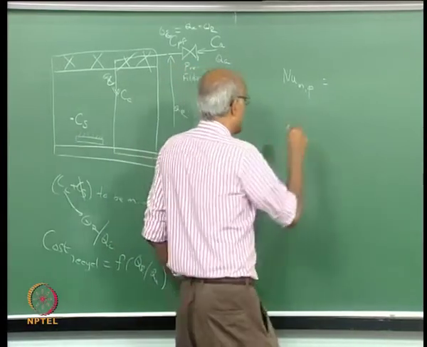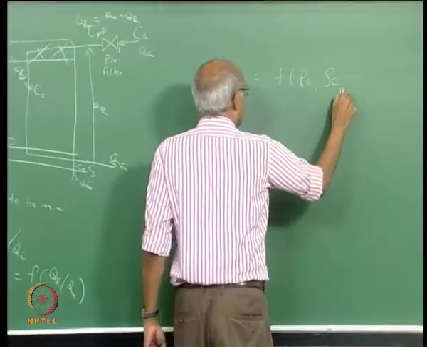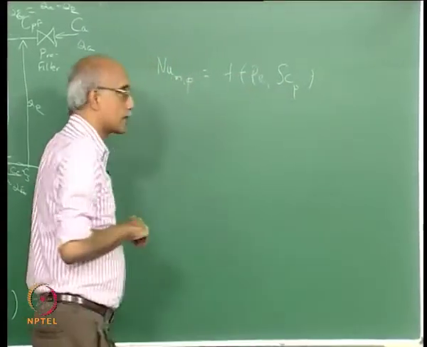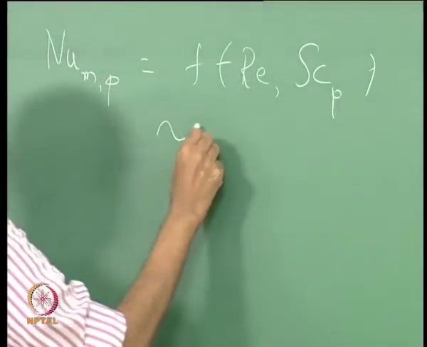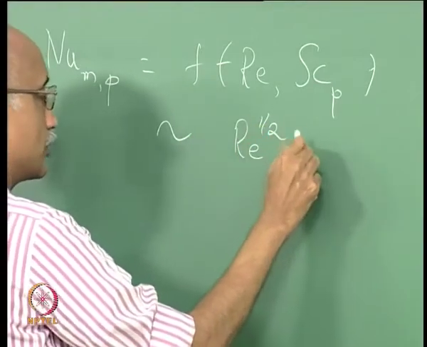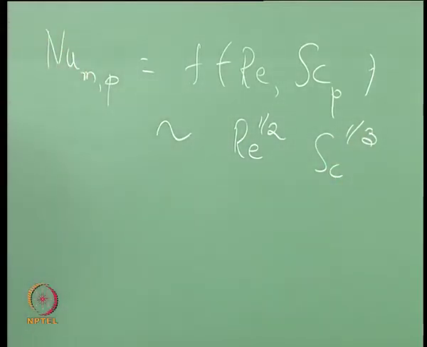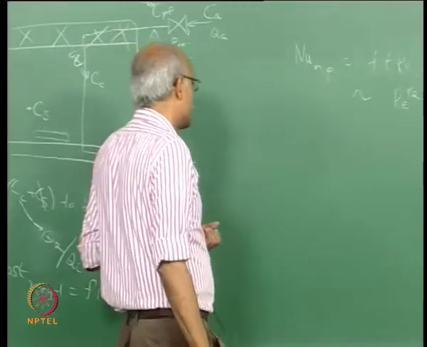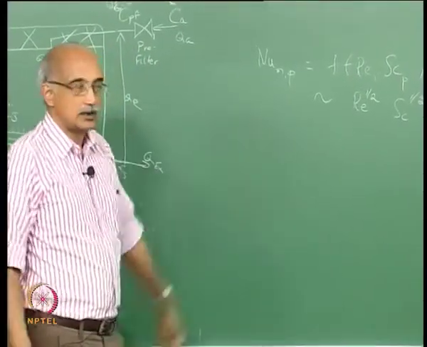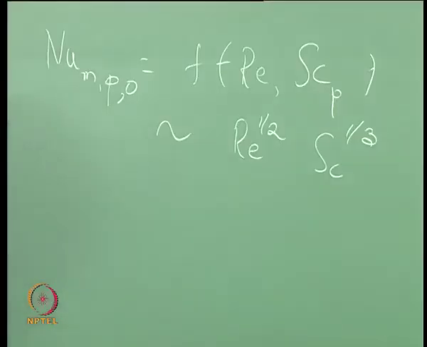Now this number is a function essentially of the Reynolds number and the Schmidt number, as we have seen before, and normally this would go approximately as Reynolds number to the power half, Schmidt number to the power 1/3, where of course the Schmidt number is the ratio of nu by D, momentum diffusivity to particle diffusivity. But this is under what conditions? The zero conditions, assuming that there are no phoretic phenomena.